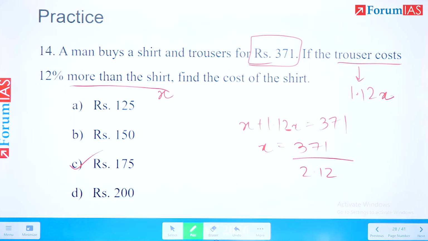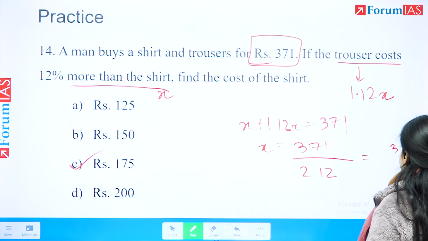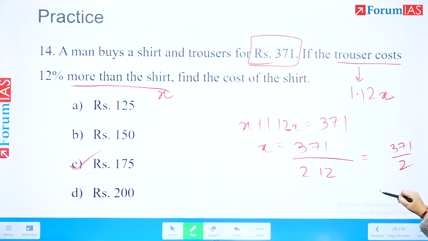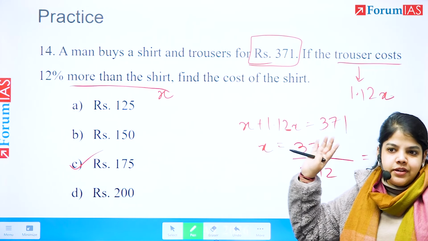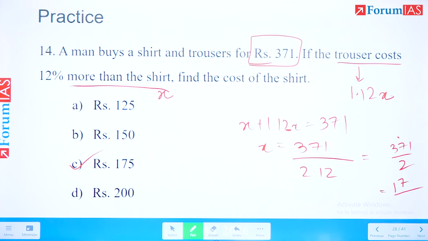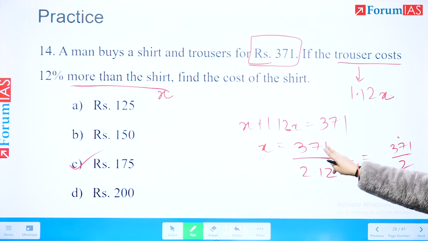Roughly अगर half कर लेते, see exact calculation will take a lot of time. Let's say roughly we do 371 divided by 2. What is that? 185. Roughly 170 something. So the answer becomes 170s में एक ही answer है 175. So we don't do a complete calculation. We did a rough estimate कि roughly half है.